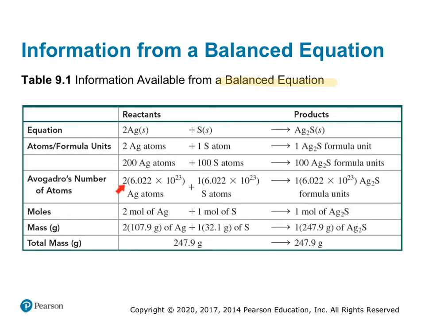So if I had 2 times Avogadro's number of silver atoms, I would have 2 moles of silver, 1 mole of sulfur and 1 mole of silver sulfide. If I take that and multiply it by the molar mass of silver, the molar mass of sulfur, and the molar mass of silver sulfide, I see that the masses on both sides of the equation are equal.